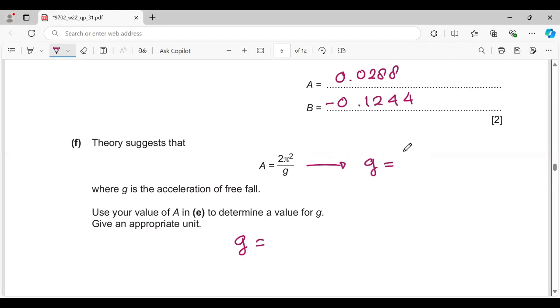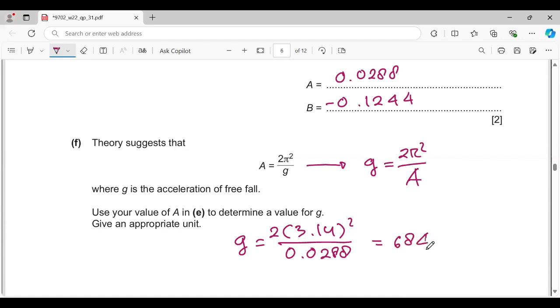So if G is the subject, it will be 4 pi squared over A. So it means 4 multiplied by 3.14 squared over A, where A equals 0.0288. I have calculated, and the result is 684.694 centimeters per second squared.